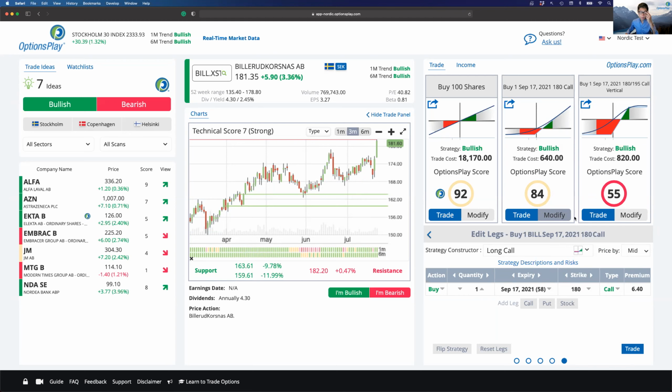So this is an example of a call option, a simple strategy that I could potentially trade on this particular stock. So how do you paper trade this particular trade? Any trade that you want to paper trade, you click on the blue share button on that specific strategy. So for the September 180 calls, I'll click on the blue share button.